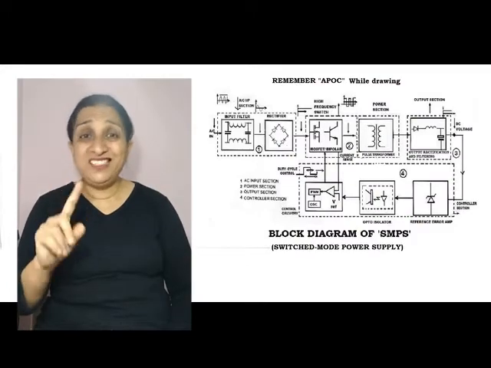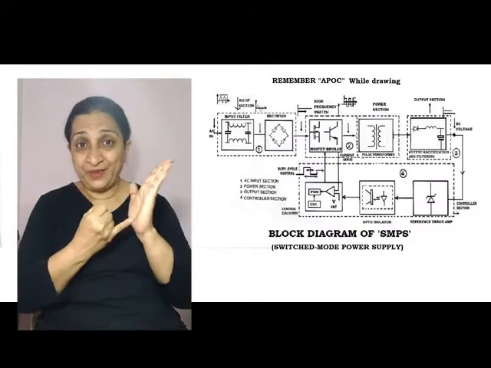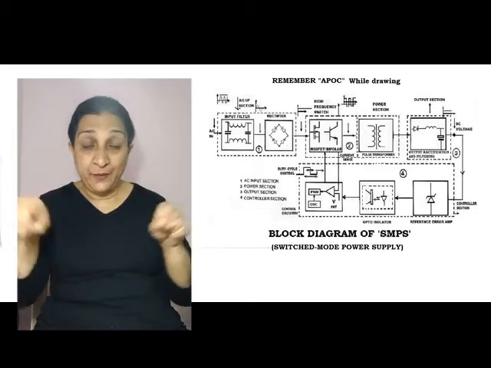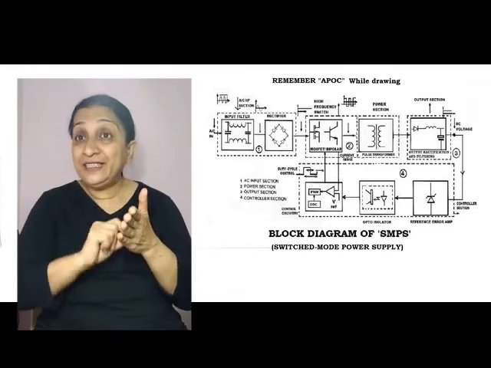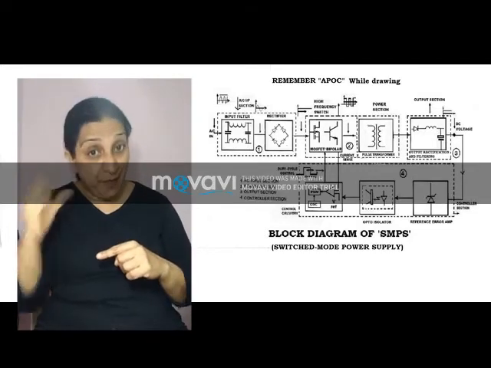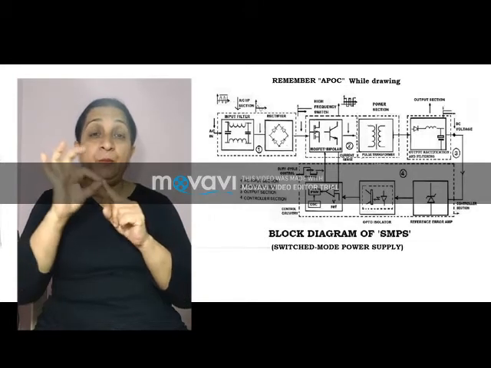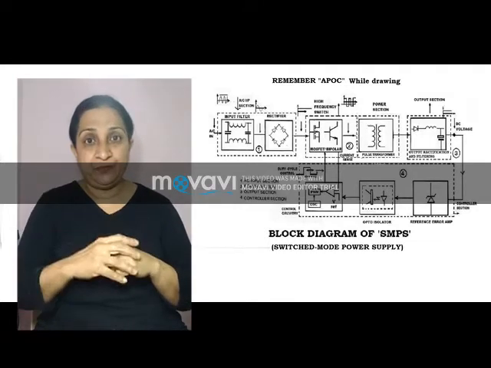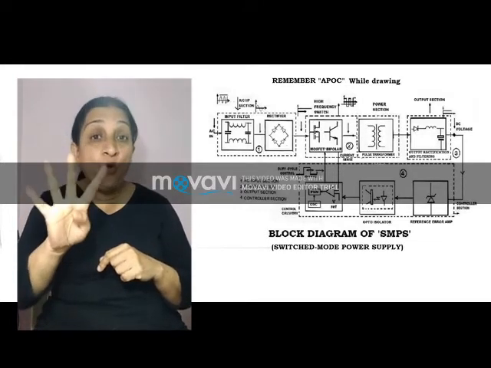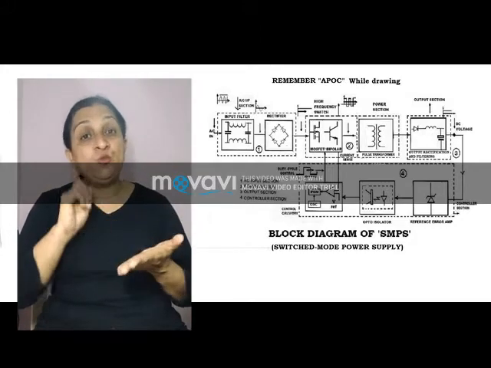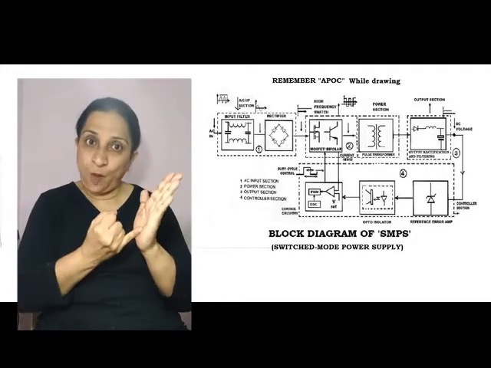Now when you see this first diagram, that is the full diagram, I have written there on the top, remember A, P, O, C. Why? Because these are the 4 sections that you must remember to draw.